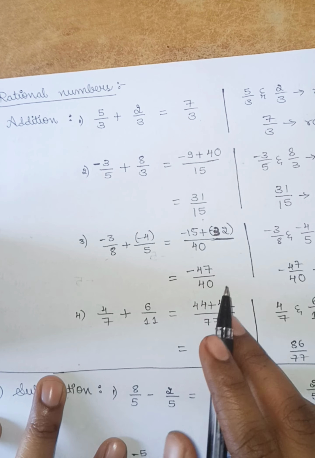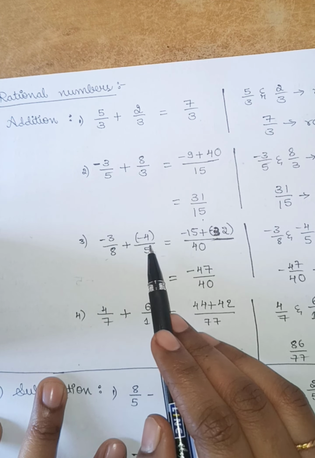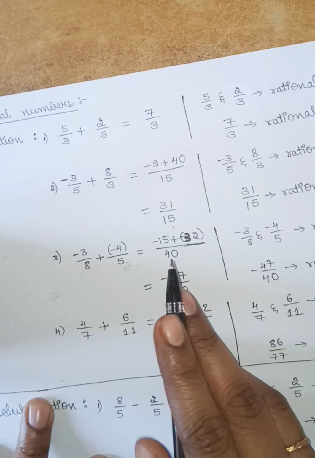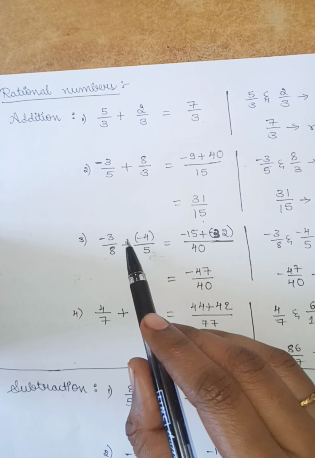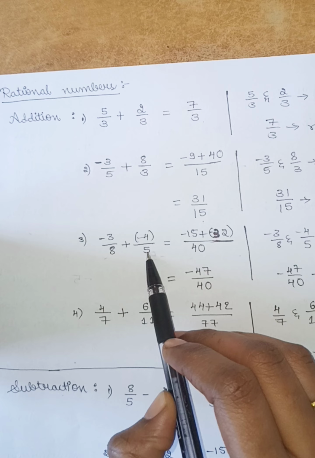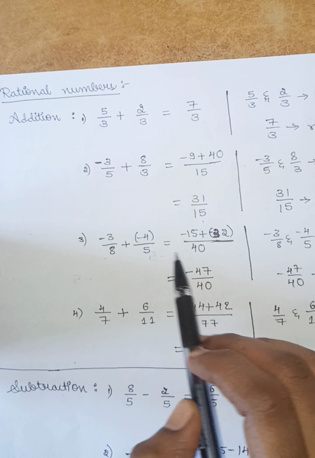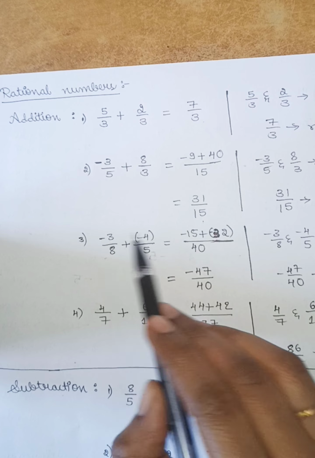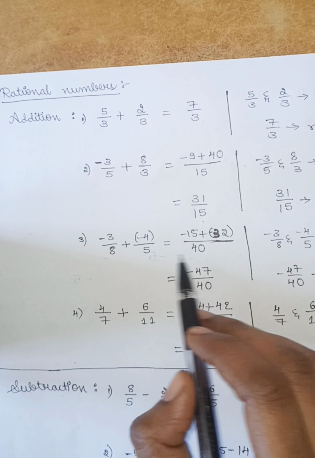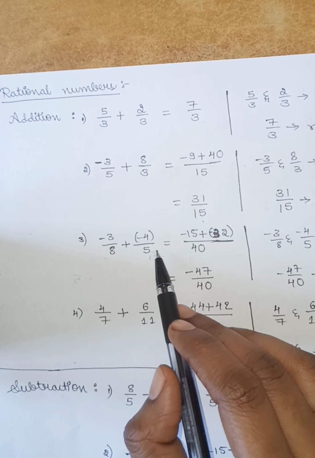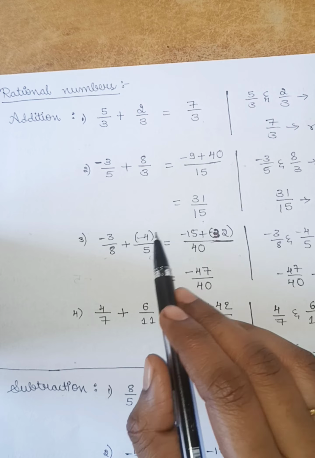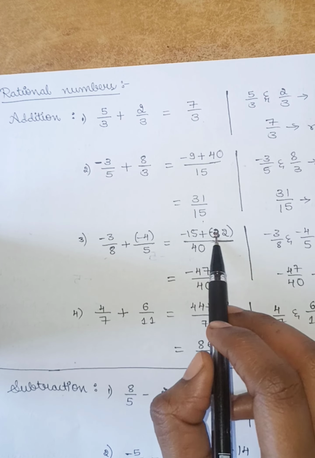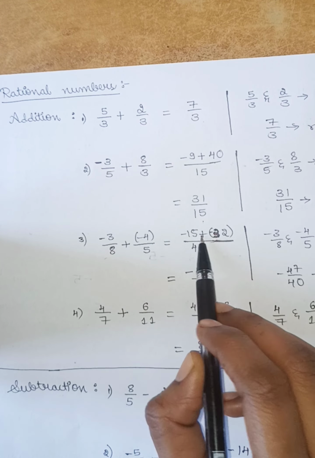The next example, minus 3 by 8 plus minus 4 by 5. So here first let's write down the denominator. 8 5s are 40, 5 3s are 15, minus is there, minus 15. 5 8s are 40, 8 4s are 32, minus is as it is and the plus sign is written as it is.